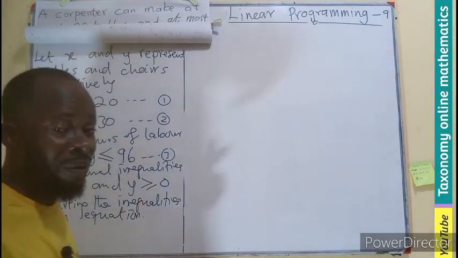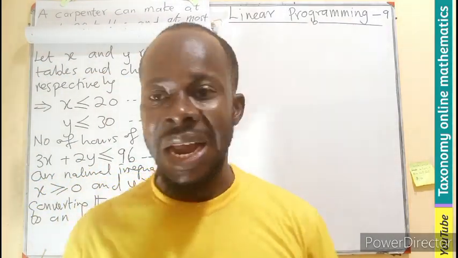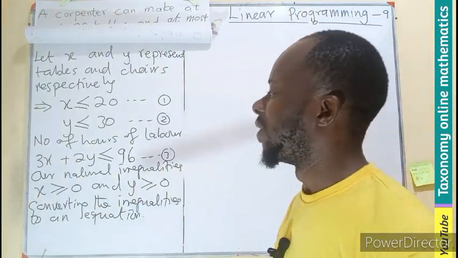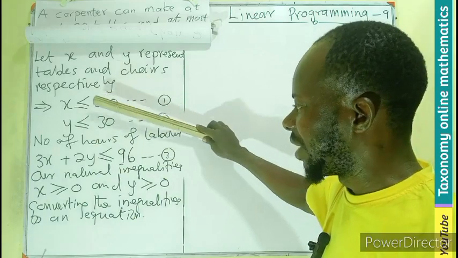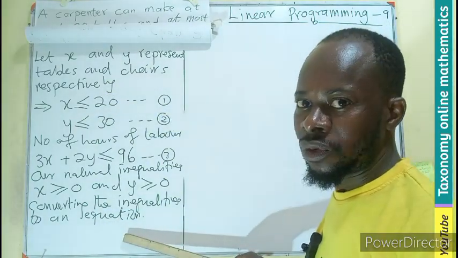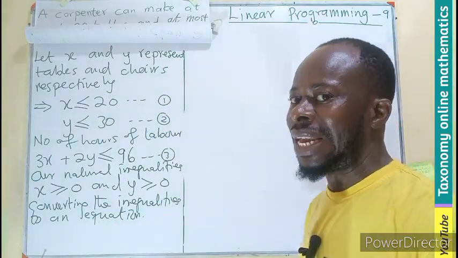From our previous discussion under linear programming involving inequalities, we said that after we have our inequalities, we convert them into equations so that we find the intercepts on the x and the y axis.